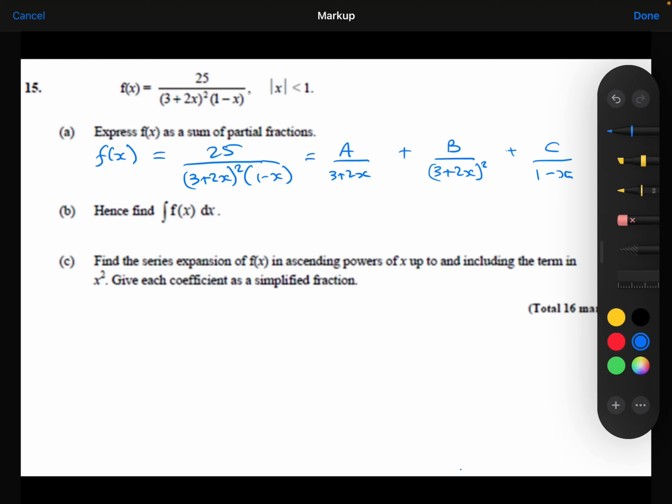We'll get a common denominator. So for the first fraction, we've already got a 3 plus 2x, so we just need to multiply by another 3 plus 2x, and we also need to multiply by a 1 minus x.